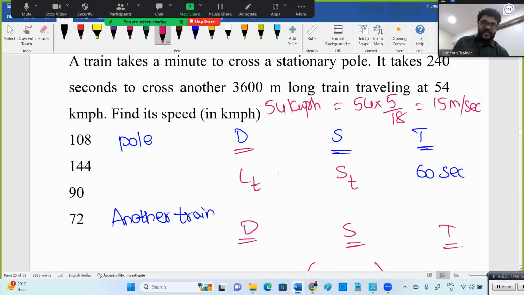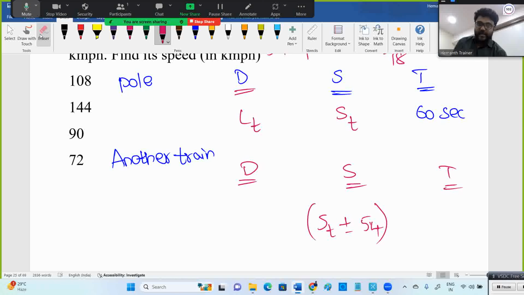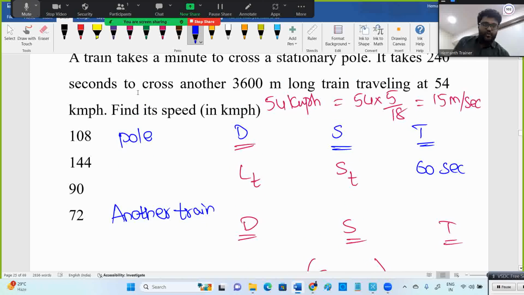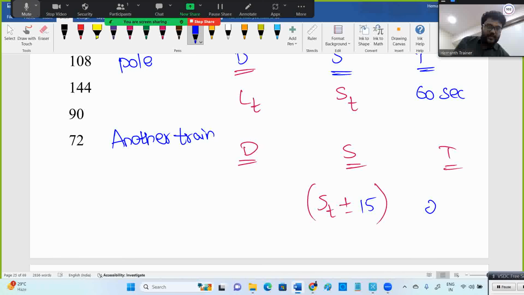So I'm taking plus or minus 15. Now what is the time taken to do this? 240 seconds.